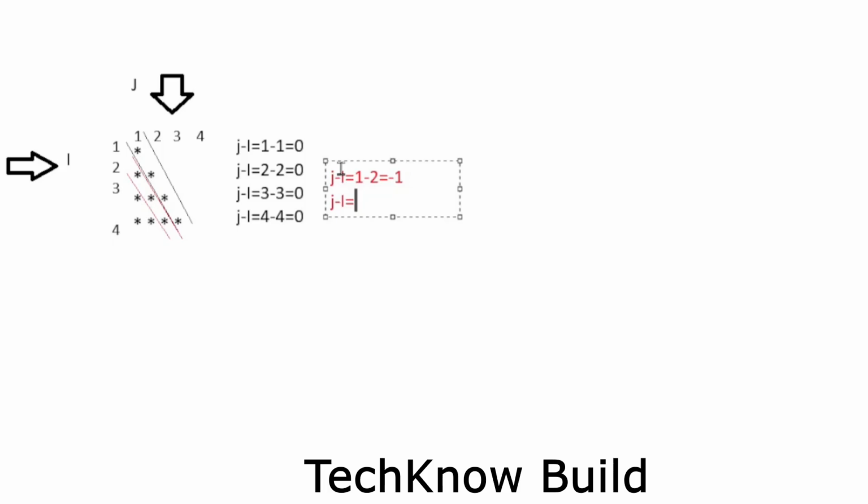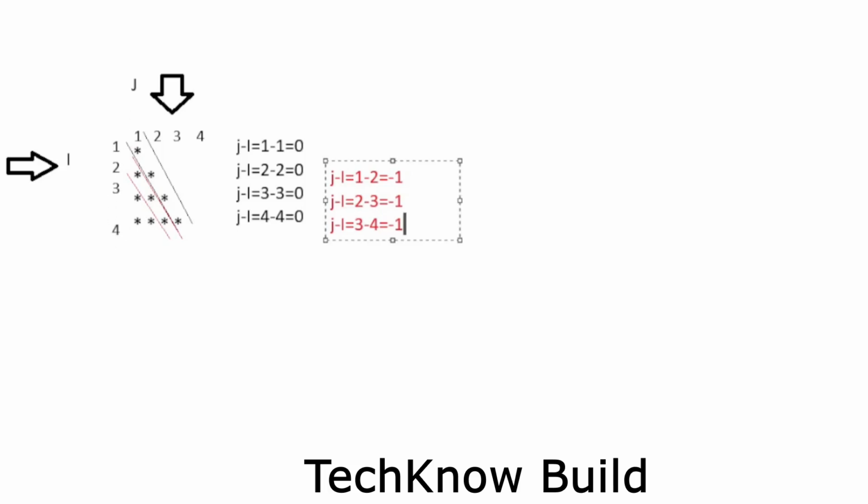Again in the second row j is equal to 2 and i is equal to 3, 2 minus 3 is equal to minus 1. And in the third row j minus i will be 3 minus 4, that will be minus 1.